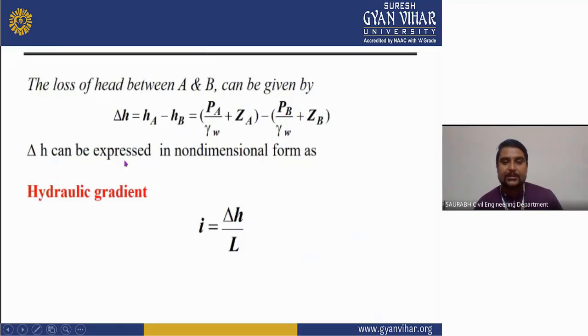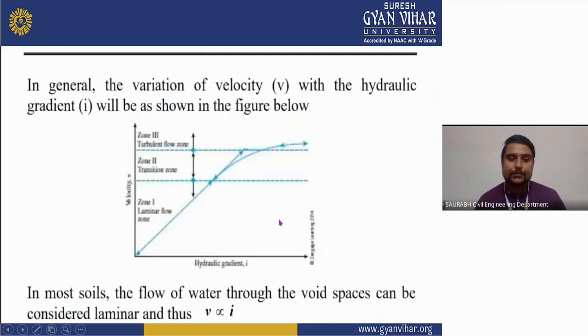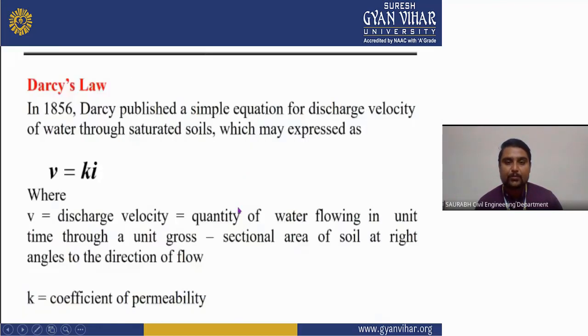Delta H can be expressed in non-dimensional form as the hydraulic gradient, i equals delta H upon L. The variation of velocity V with the hydraulic gradient i is shown in the figure below. In most soils, the flow of water through the void spaces can be considered laminar, so V is directly proportional to i.